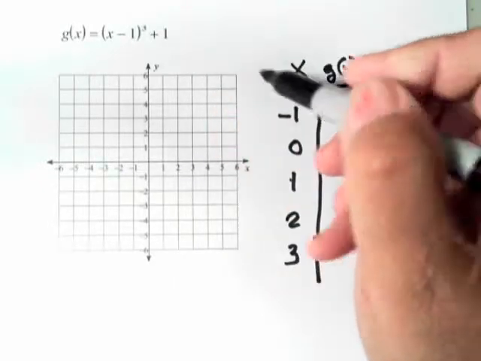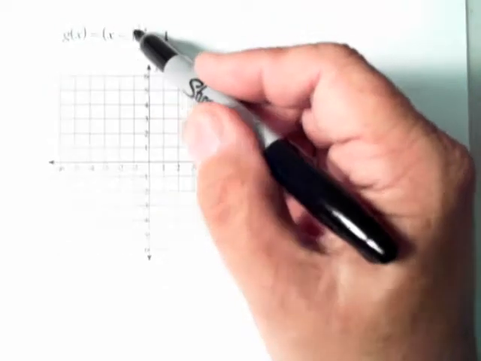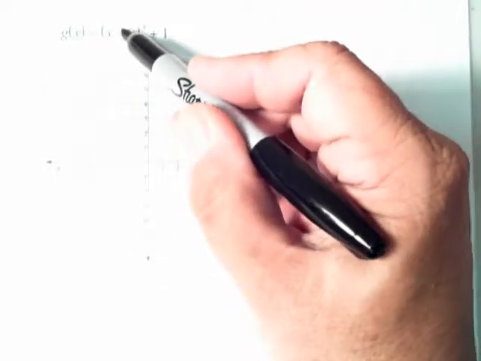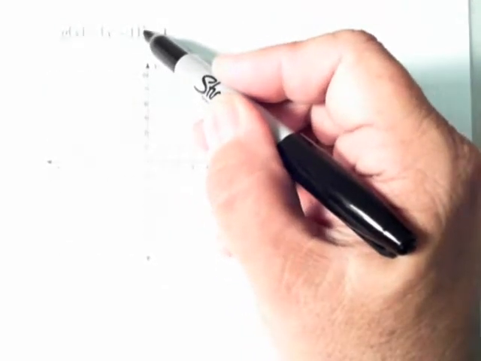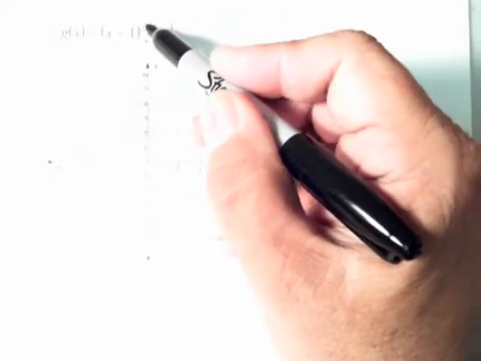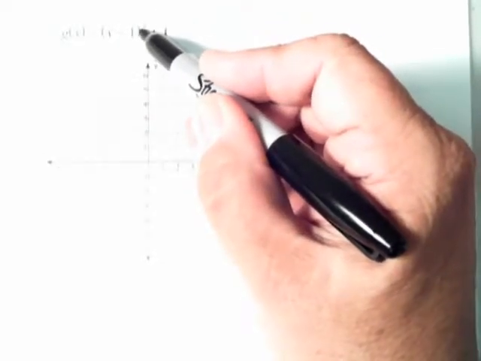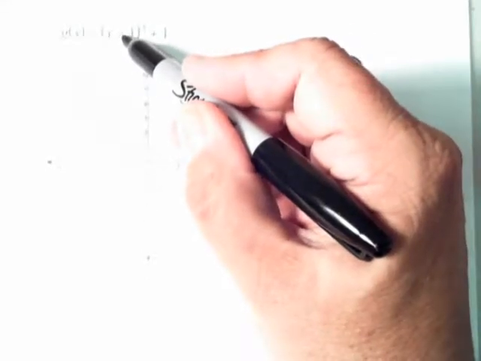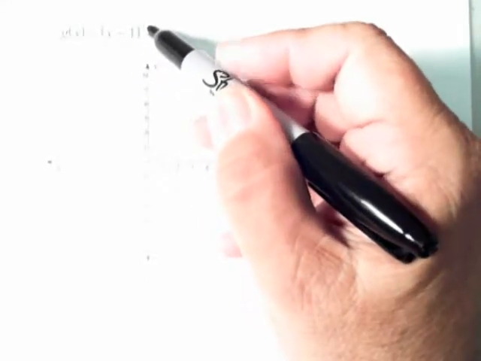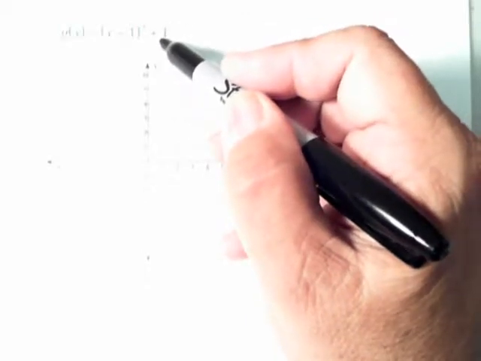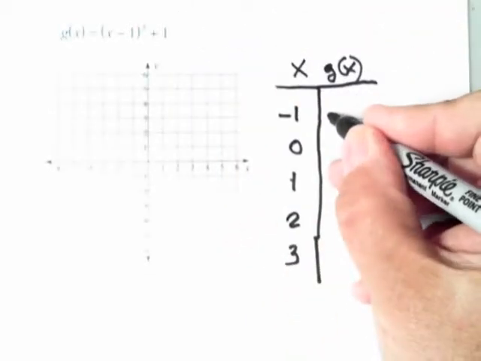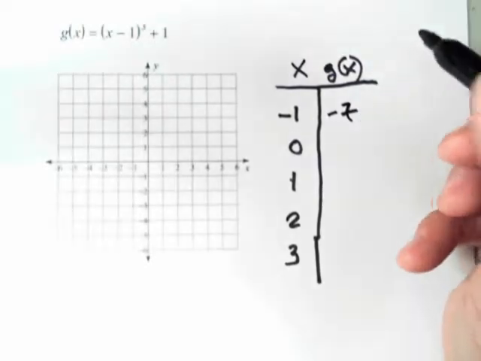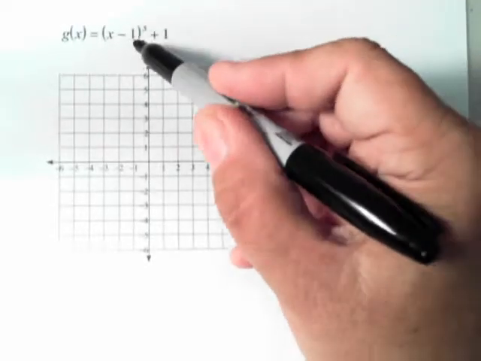Okay, if x is negative 1, then negative 1 and negative 1 give me negative 2. Negative 2 cubed, 2, 4, 8 is cubed. There's an odd number of minuses, so it's going to be negative 8 plus 1, negative 7. Okay, x equals 0.